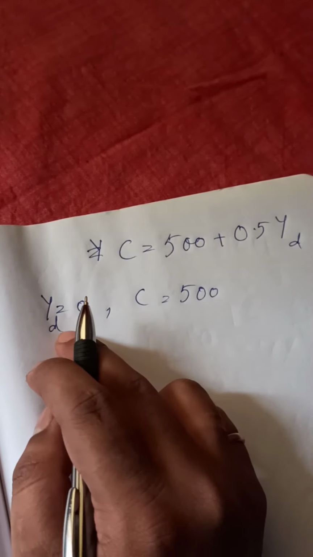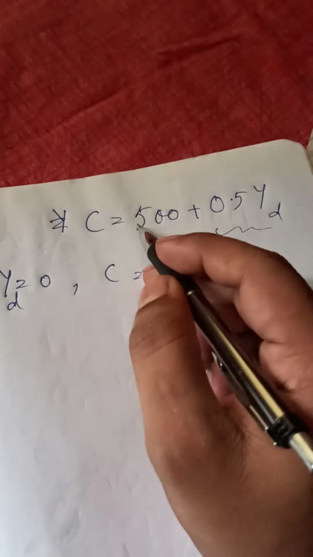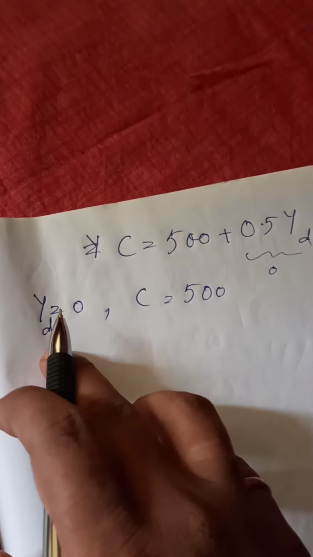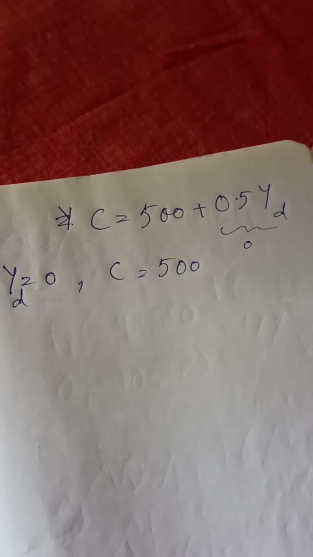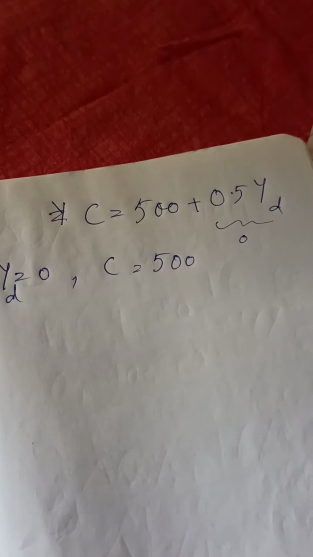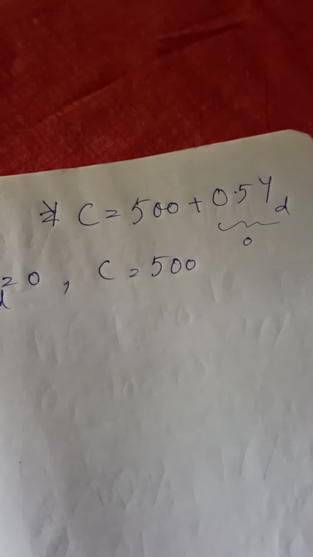Because if you put YD equals 0 over here, this term will vanish and you will be left with only 500. So your C will be equal to 500. That means when your income level is 0, your A value is 500, and it implies that at 0 level of income you have to do a minimum consumption of 500 rupees.